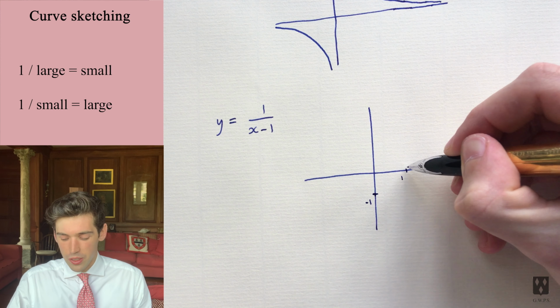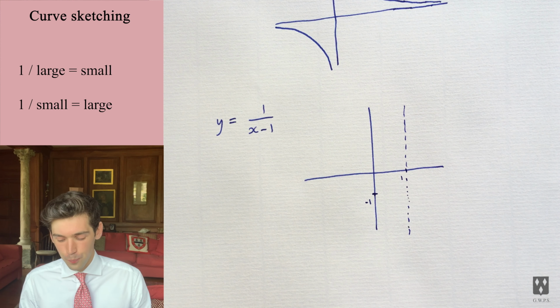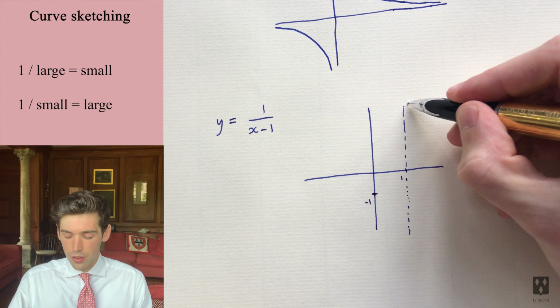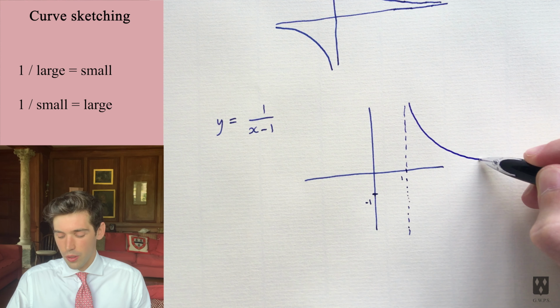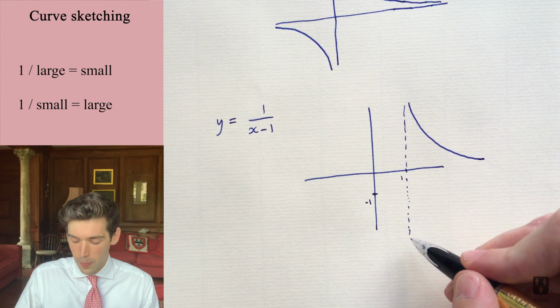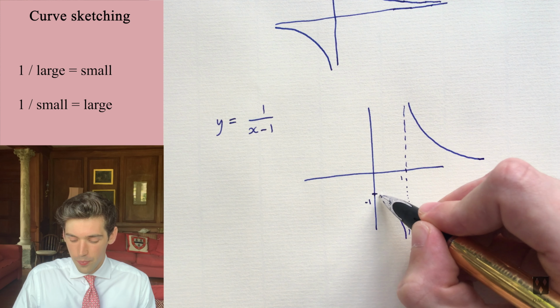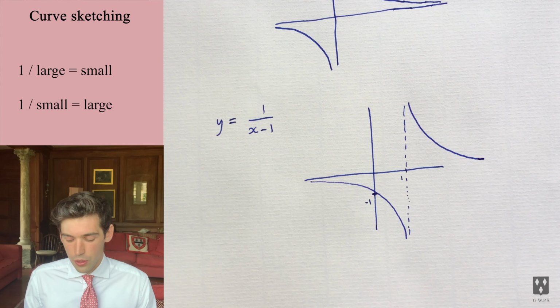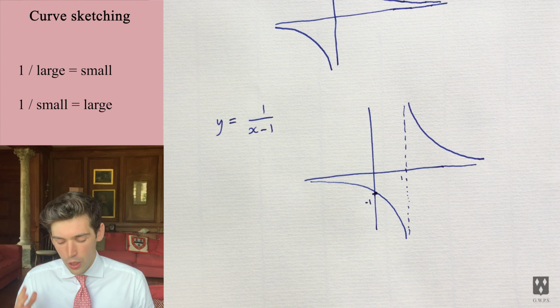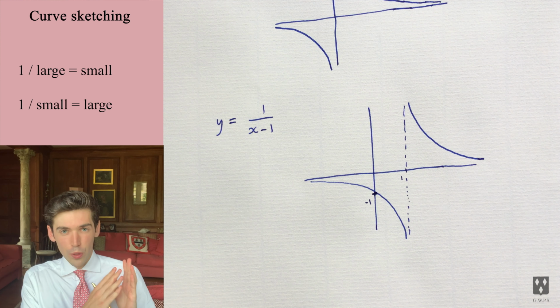And this is what gives us the vertical asymptote. And so you can draw this graph, which will look like this. And on the other side, it in fact goes through this point here, the y-intercept, to look something like this. Okay, so this is a slightly different one, but it's following the same principles of large numbers versus small numbers.